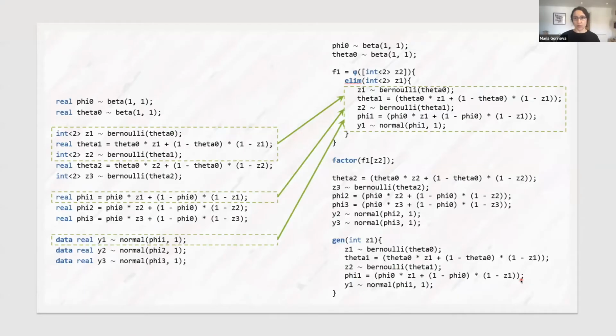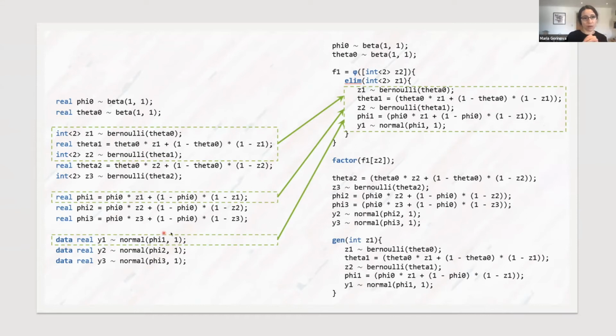So what this allows us to do is to take a program like this. This is a version of a hidden Markov model like before, but just written a bit more chaotically. You can see that we have some sampling happening here, but we also have assignment of some of the parameters for the Bernoulli variables, and the statements that really are associated with, say, Z1 that we want to eliminate are scattered around.